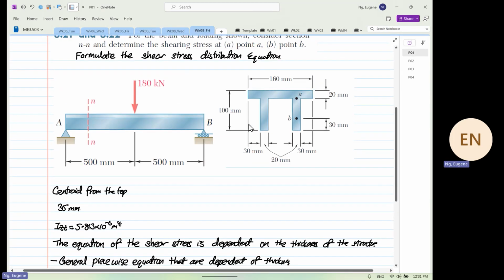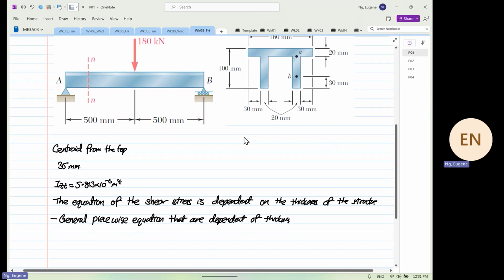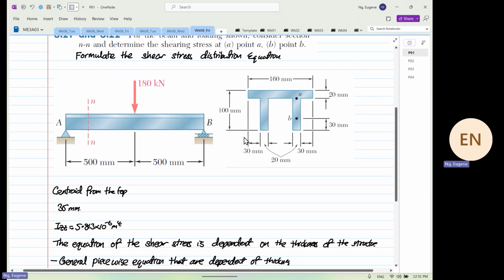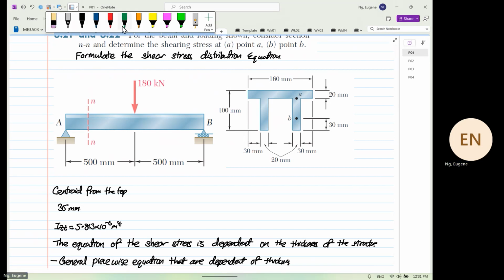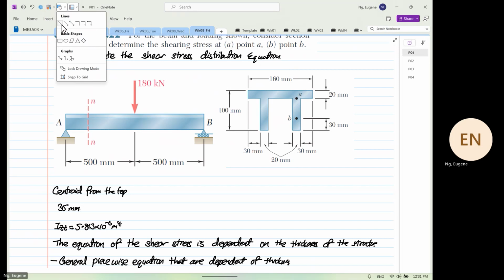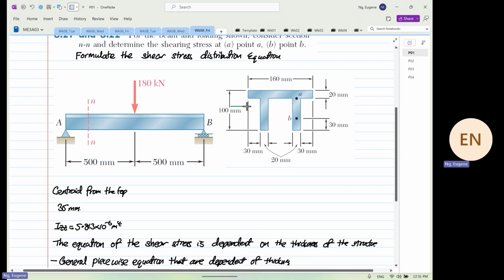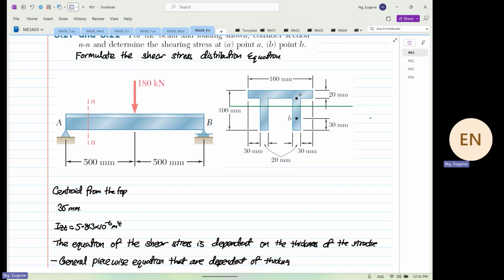As I mentioned before, given the centroid is 35 millimeters from the top, I'm going to sketch a green line. This is our centroid. A question very similar to this will come out for your term test.